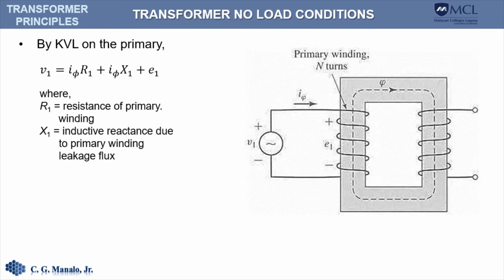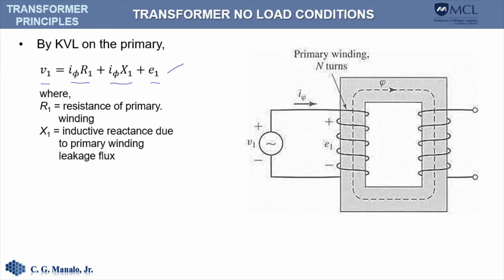Because the primary side is a closed circuit, we can apply Kirchhoff's voltage law, and this is the equation based on KVL. Take note that the applied voltage will be distributed not only to the induced voltage, but also across the resistance of the primary winding, and another term we call the inductive reactance.